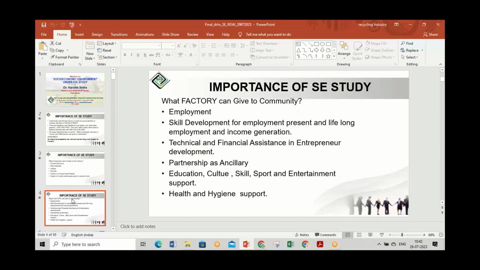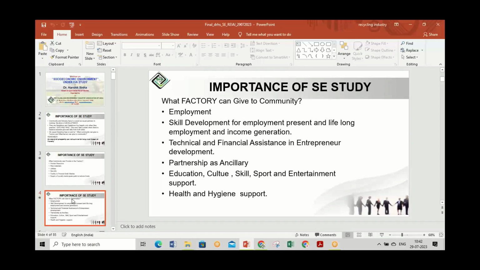Similarly, what factory can give to the community is employment, skill development, technical and financial assistance to entrepreneur development, partnership as ancillaries, education, culture, skill, sports and entertainment support, health and hygiene support. Now, these are a few things I thought before we start the detailed webinar.